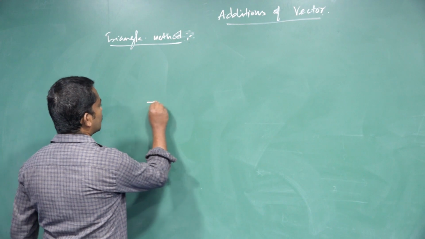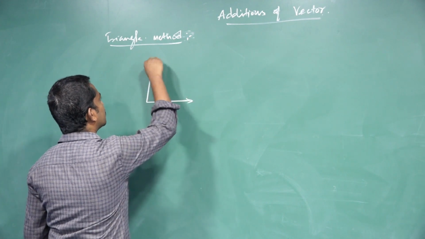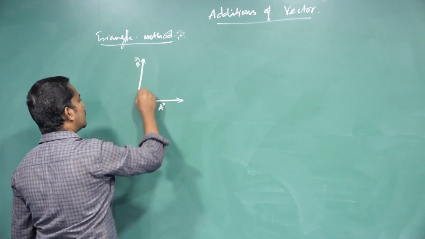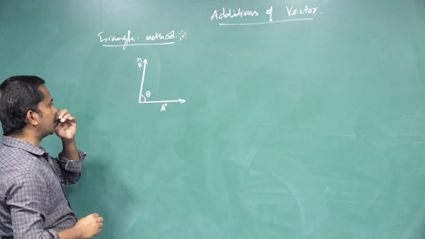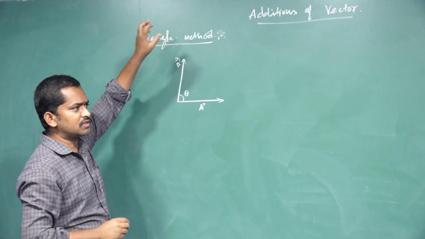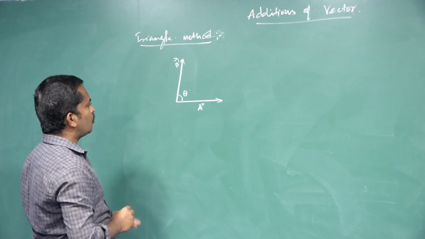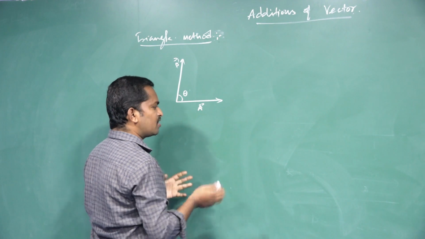See, this is A vector, this is B vector, including an angle of theta. The resultant vector must be found by two methods: one is the triangle method, another is the parallelogram method. What is the triangle method? Consider forming one triangle.